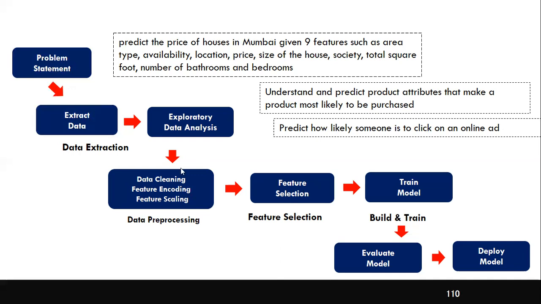But importantly, in data pre-processing we spend close to 50 to 55% of the time, maybe 55 to 60%. Then we spend only the remaining 40% to train, evaluate and deploy the model. So 55 to 60% of the effort goes into data pre-processing. This is pretty much the machine learning end-to-end lifecycle.